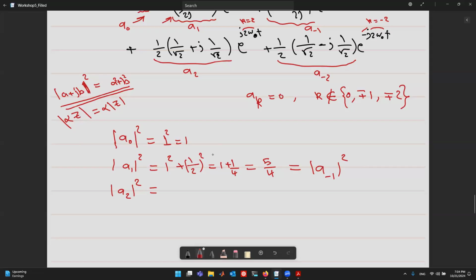So at the end, the magnitude of a2 will be 1/2 times 1, so 1/2, which is the same as the magnitude of a minus 2.